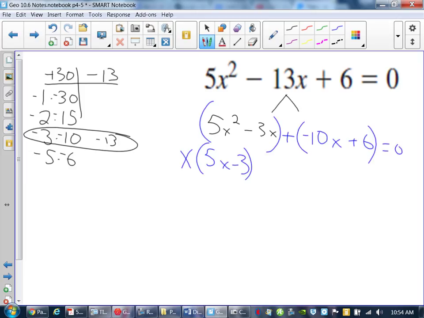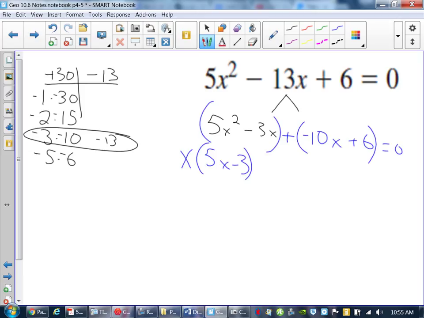The reason that I do that is because then it forces me to remember to bring it out. More often than not, that's a step that you guys will mix up, and one of your signs gets screwed up. So if your third term is ever subtraction, rewrite it as a plus minus.